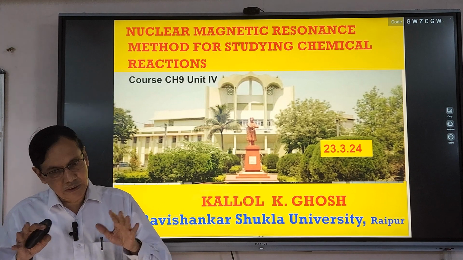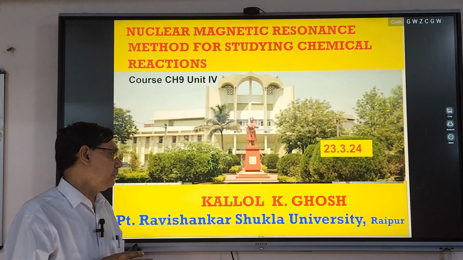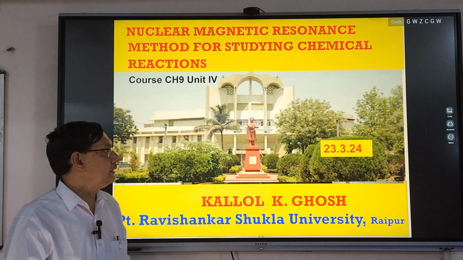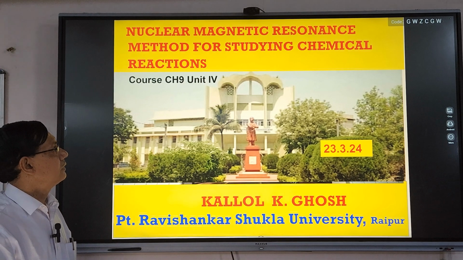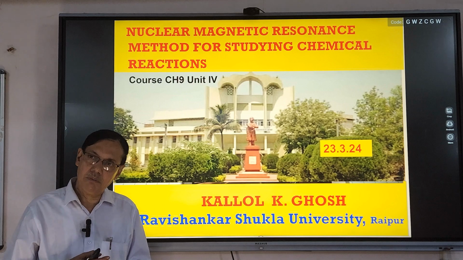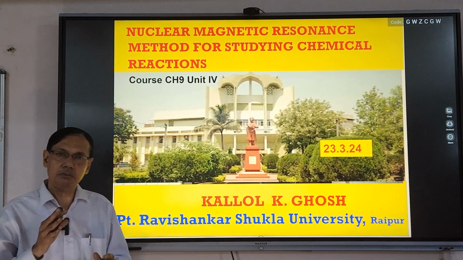One is conventional or the slow reaction, and another type is the fast reactions. So my lecture is based on some fast reactions, that is how NMR method is useful for studying the fast reactions.